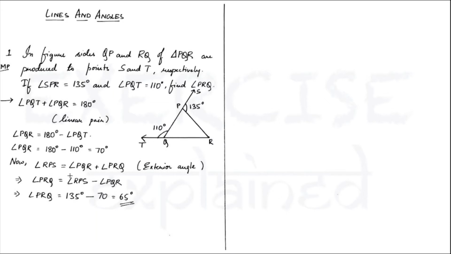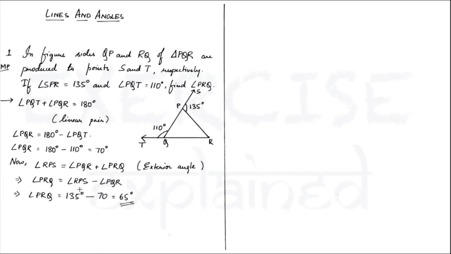Now what we do over here is we take this PQR from here to the opposite side, and what we get is RPS minus PQR is equal to PRQ. Now I just write the right hand side as left hand side and left hand side as the right hand side, and we get PRQ is equal to RPS minus PQR. Now RPS is how much?